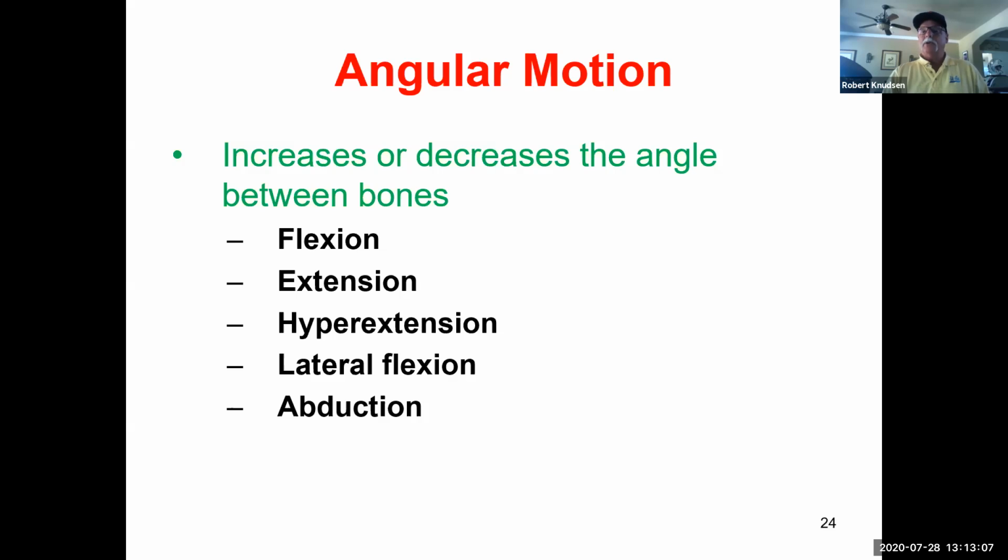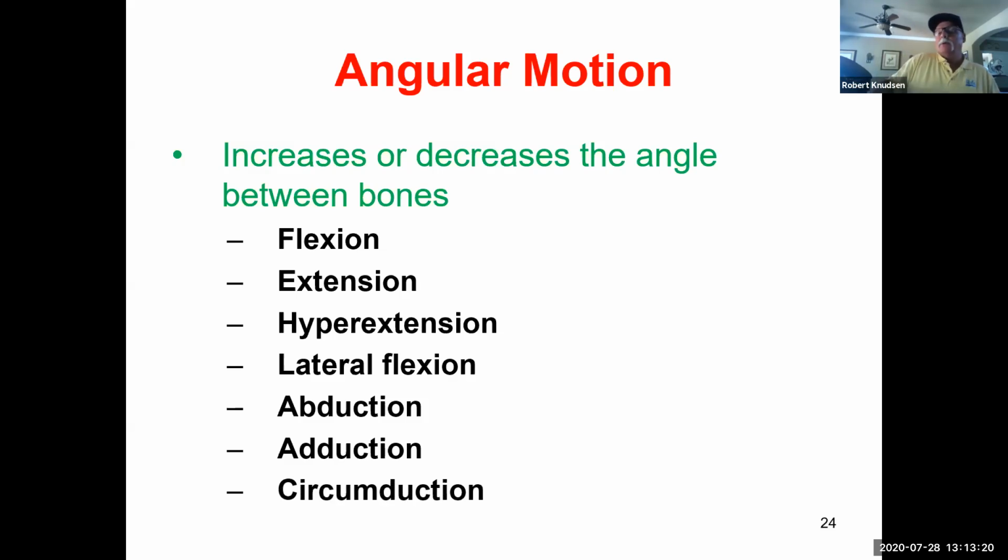So abduction, move away from the midpoint. Adduction, move back to the midpoint. Circumduction, work around the midpoint. Remember they had Bubba's sister and she was taking her leg and going around a point. You can do the same thing with your arm. You can do the same thing with your finger. That motion is circumduction. Are we good?